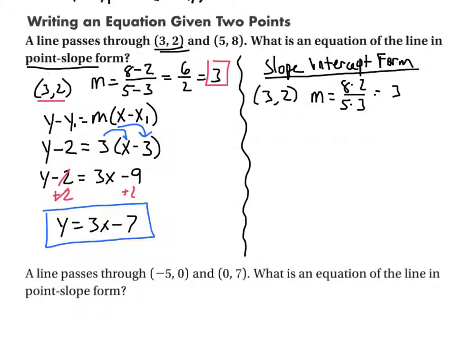Okay? So we found our slope, we have a point, but slope-intercept form is y equals mx plus b. What did the m stand for in slope-intercept form? Slope. What did the b stand for? The y-intercept. Here's the big question.